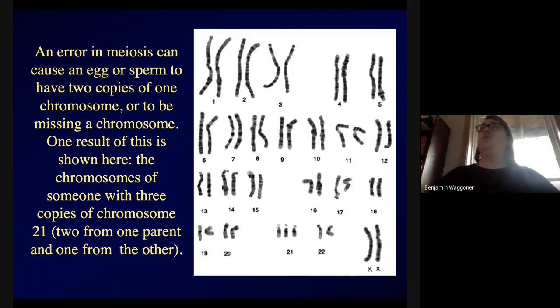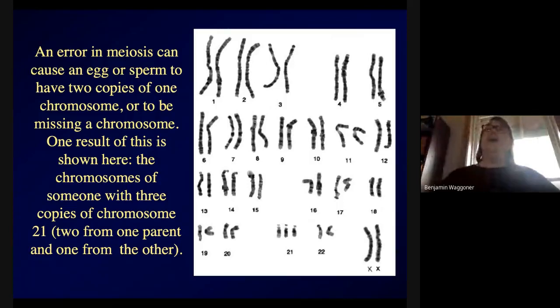They can be prone to heart and intestinal problems, and generally lowered intelligence. I'm assuming you've heard of Down syndrome before. This is ultimately why it is. 3 copies of chromosome 21 are present. It can happen, by the way, to other chromosomes, but usually that results in a condition that, as they say, is not compatible with life.